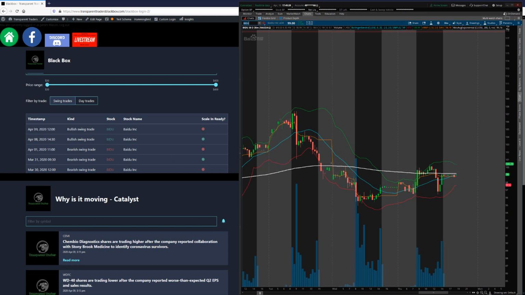But then on this day at 12 noon, here we are. It reiterated that alert for a bullish swing trade, and that value opened up at $100.08 right here. And we can see this dip in the market that pulled it down, and then it came back up.